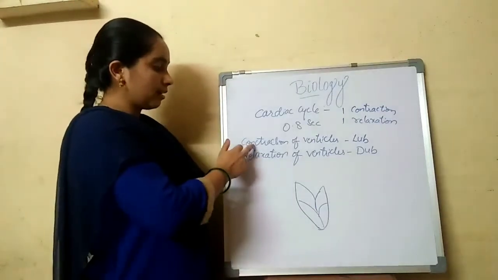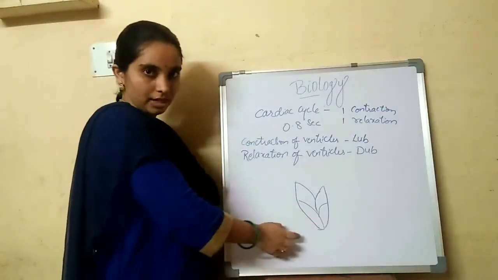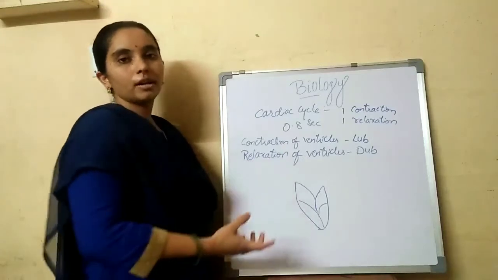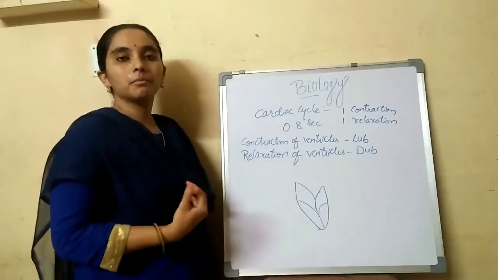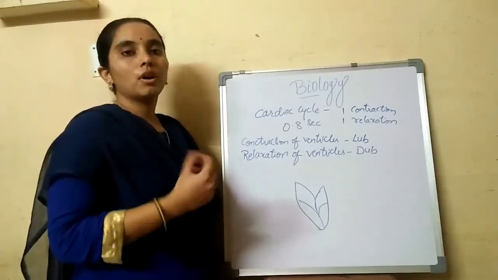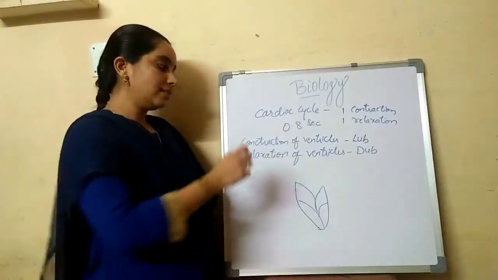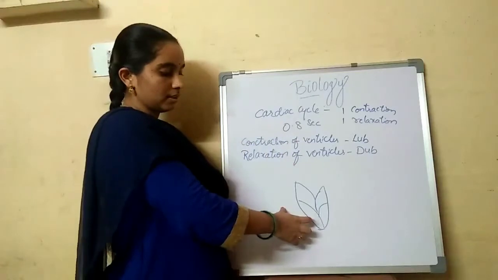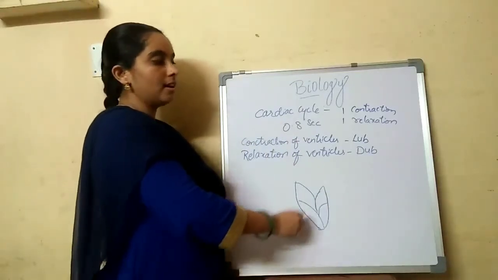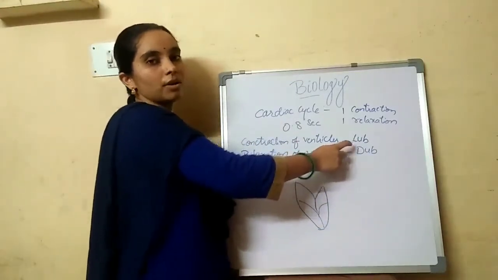So now when contraction of the ventricles occurs, you already know that the heartbeat gives the sound called lub-dub. Okay, so how that sound develops: when ventricles get contracted, the lub sound develops.